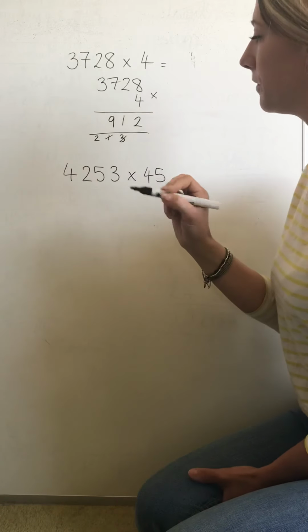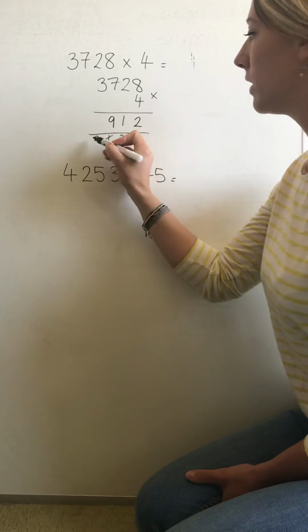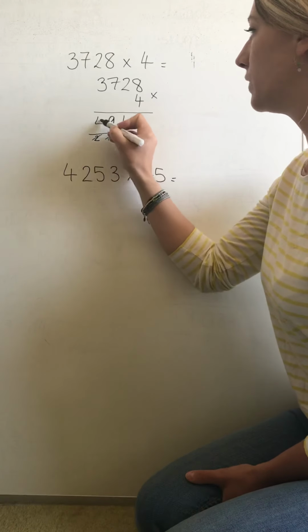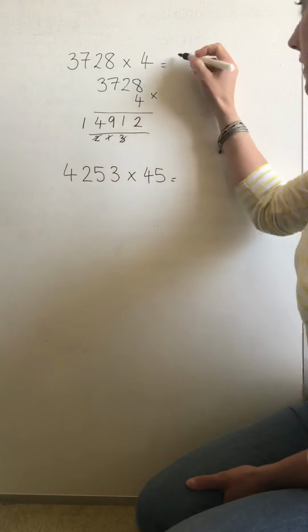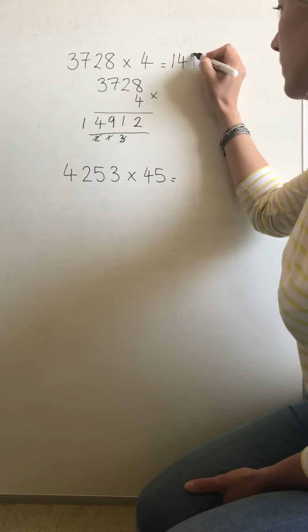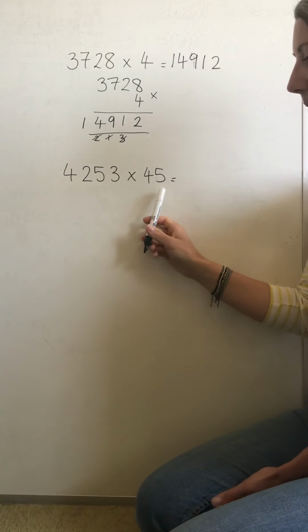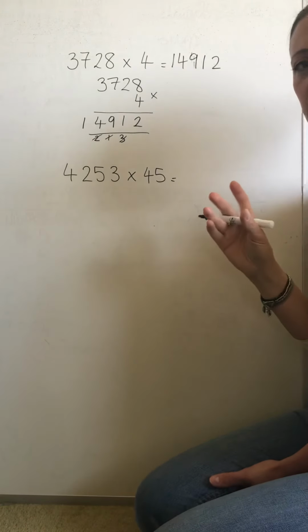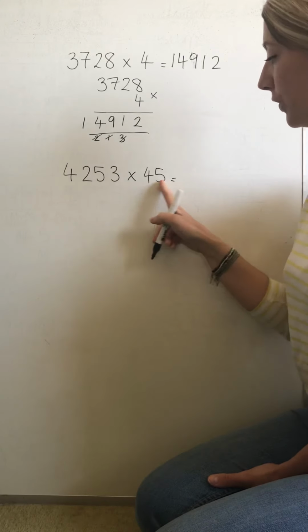Carry the 20 over. Now we've got 3 times 4, which is 12, plus 2 makes 14. And that extra 1 goes there. So that's the answer there, 14,912.